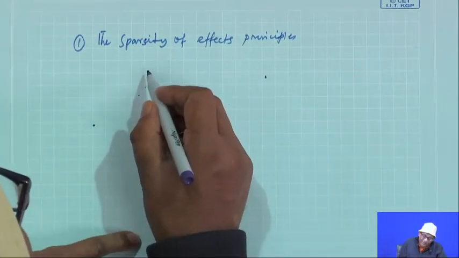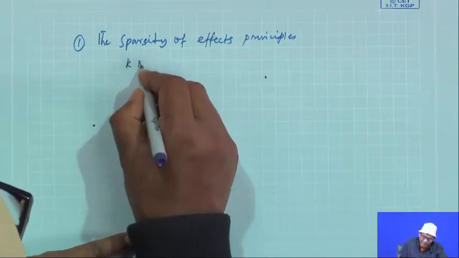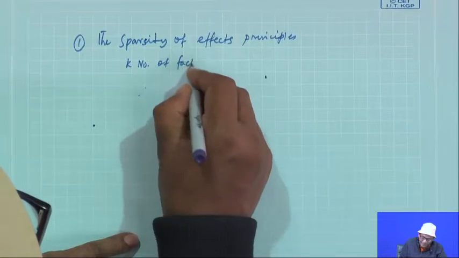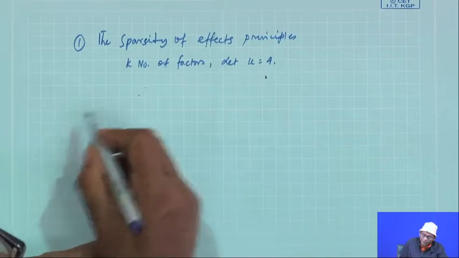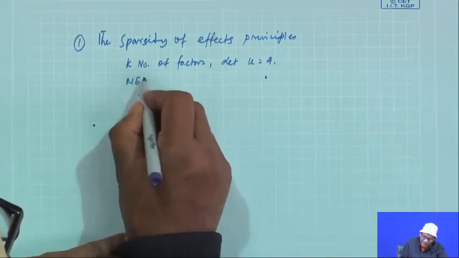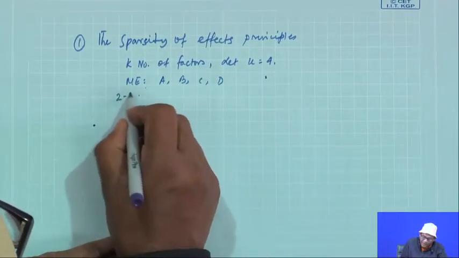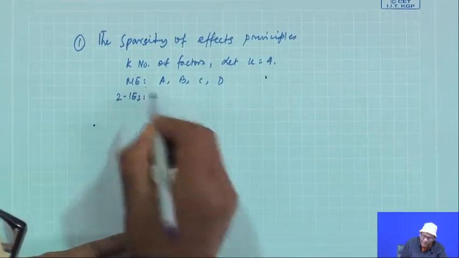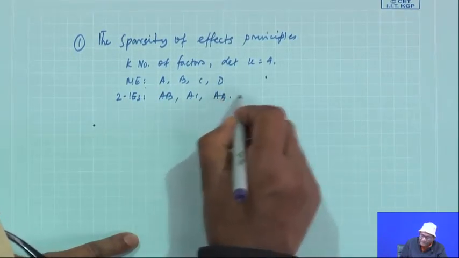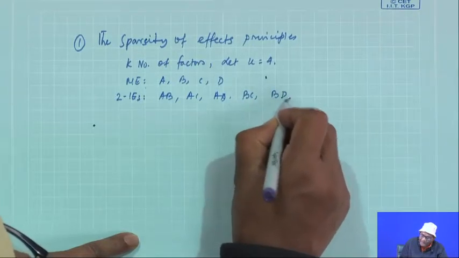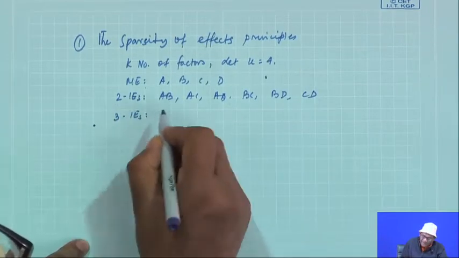If you have a large number of factors, suppose you have k number of factors, let k equal to 4. Then how many main effects? Main effects will be A, B, C and D. How many two-way interaction effects? Two-way interactions will be AB, AC, AD, BC, BD, CD. How many three-way interaction effects?